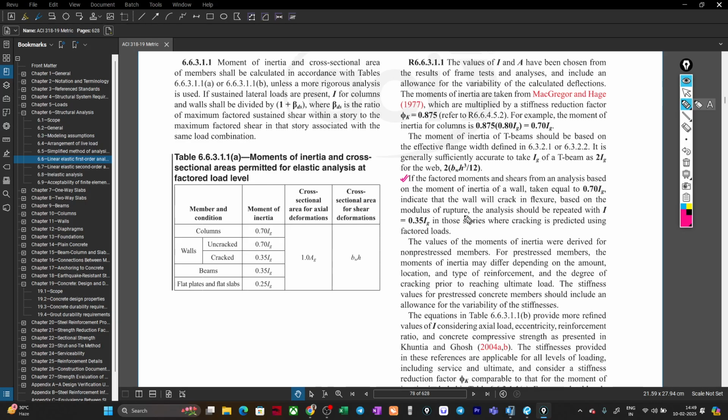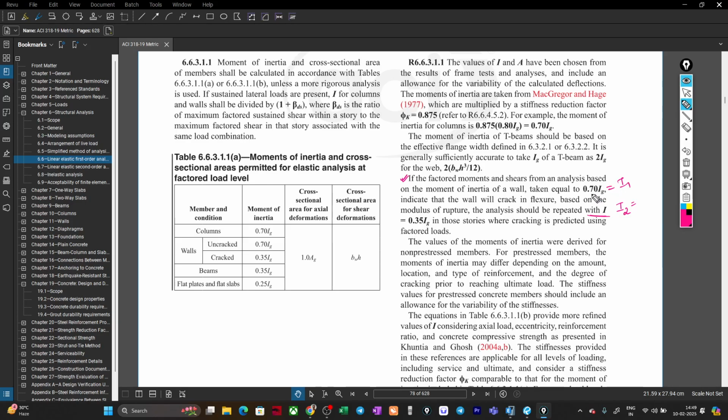If it is crossing the modulus of rupture value, then what should we do? The analysis should be repeated with I2. Once we had I1, now if we have some areas where the tensile stress due to bending crosses the permissible limit, which is the modulus of rupture, then I2 should be 0.35 times the gross moment of inertia.